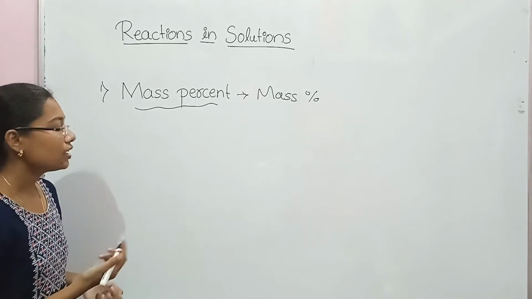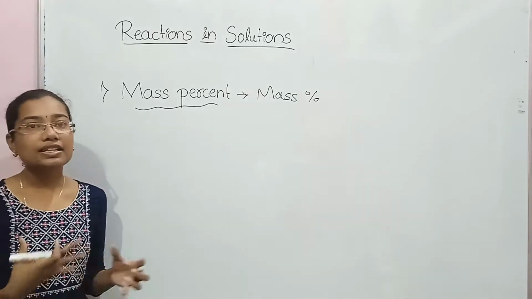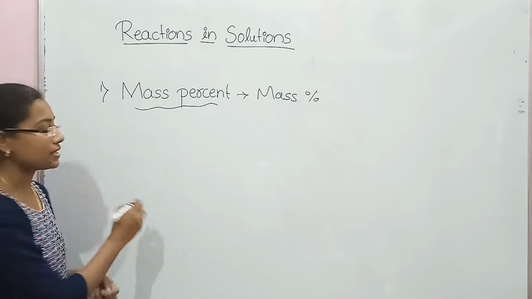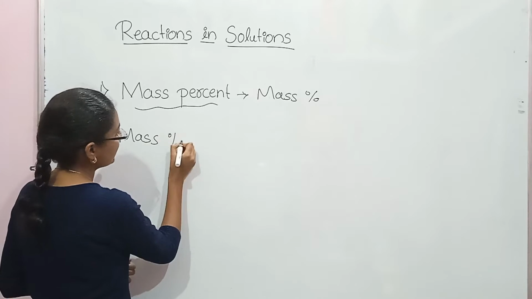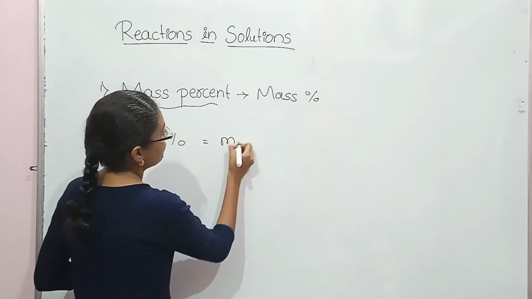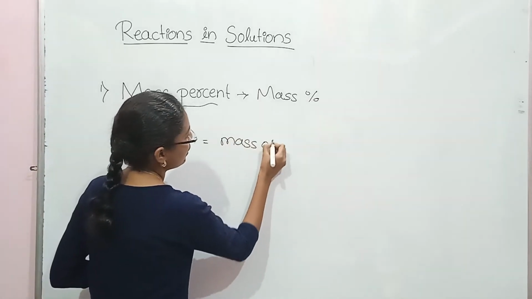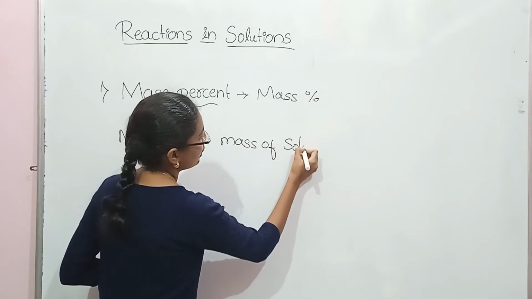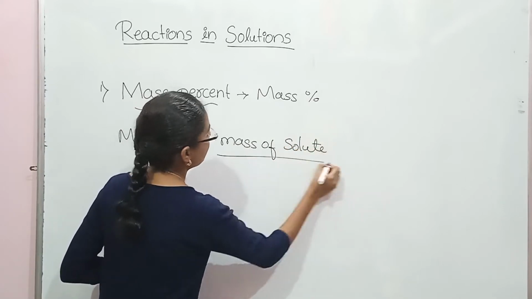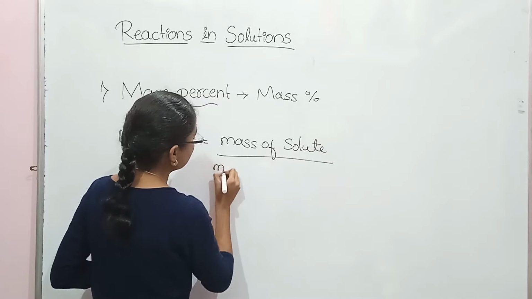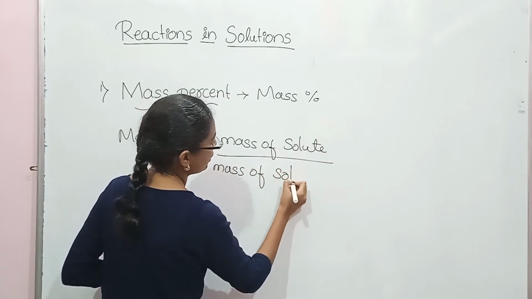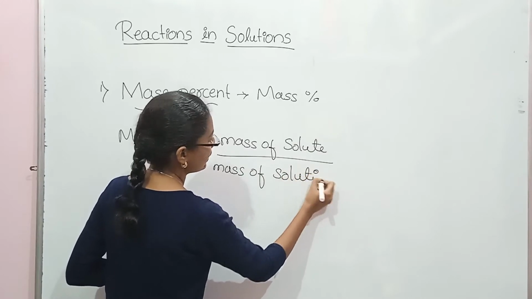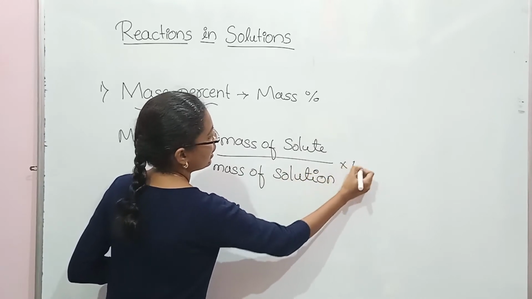First we'll see the formula, how to calculate the mass percent. Mass percent is equal to mass of solute divided by total mass of solution, into 100.